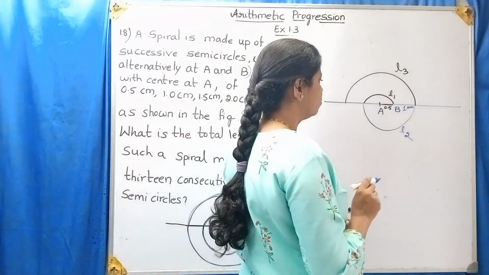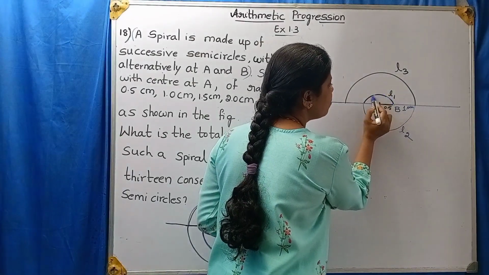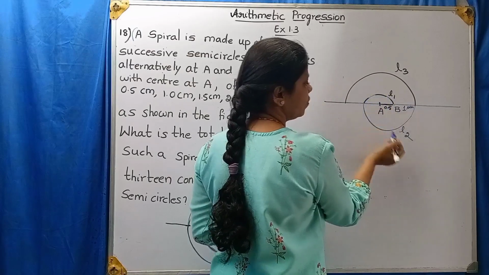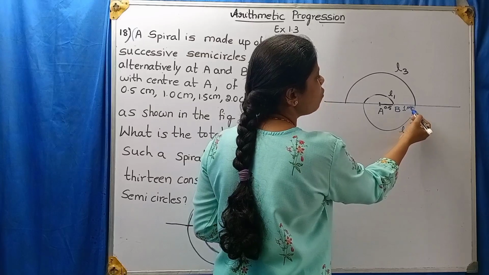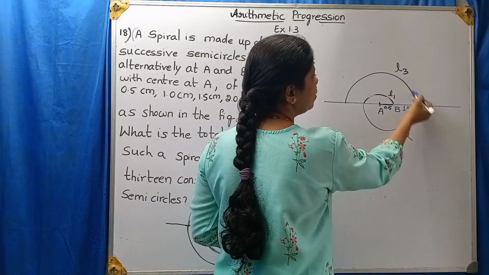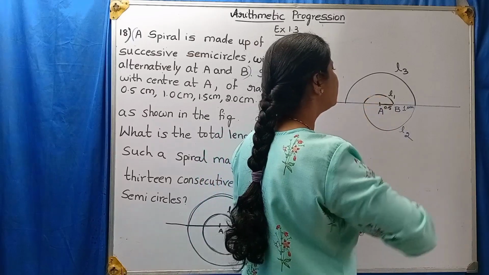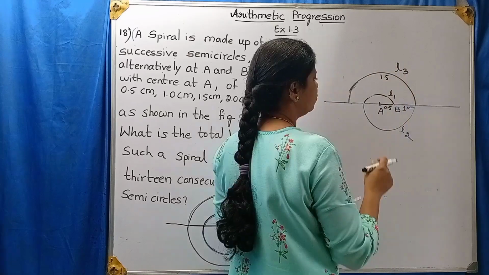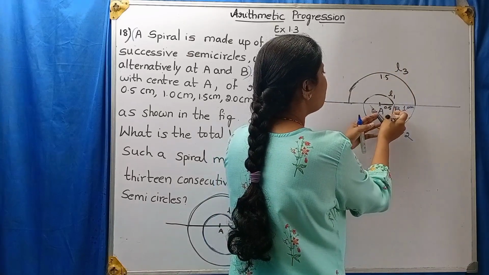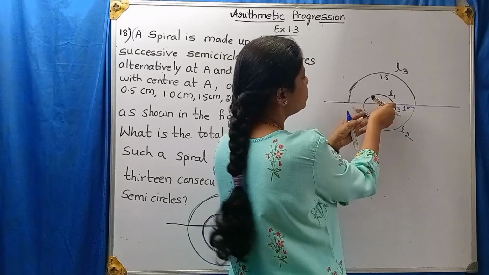I think now you have understood. L1 is the semicircle of radius 0.5. L2 is the semicircle of radius 1.0 centimeter. And L3 is the semicircle of radius 1.5 centimeter. Now keeping your compass at the point P, you will construct a semicircle.